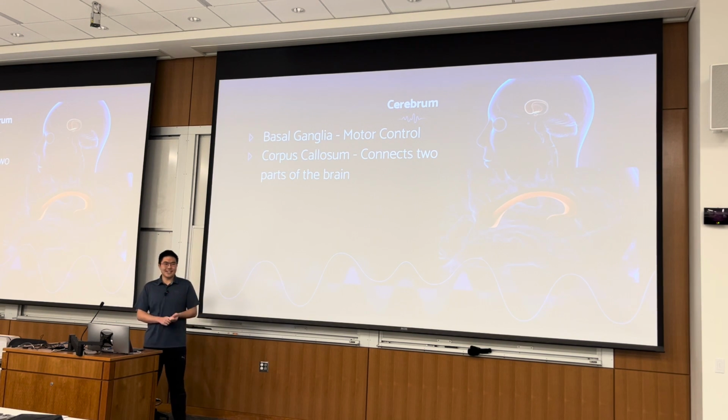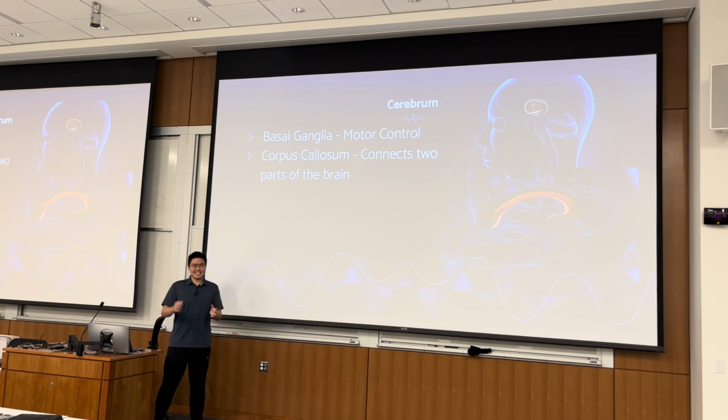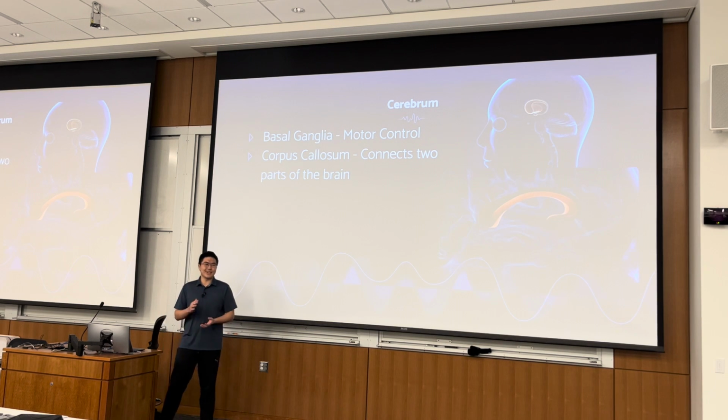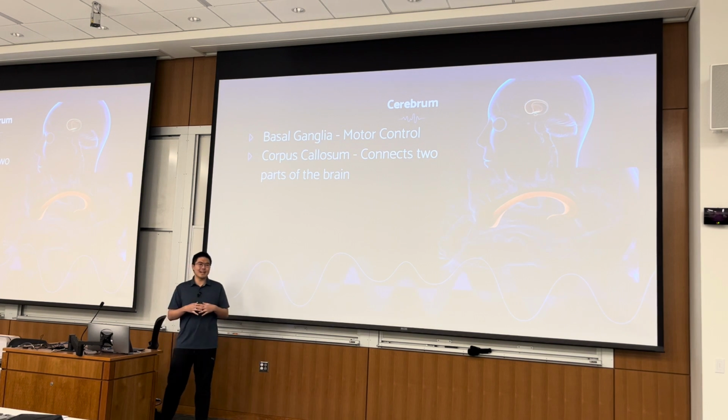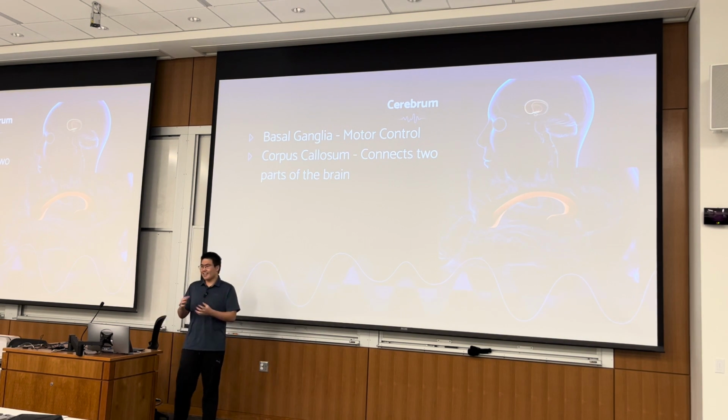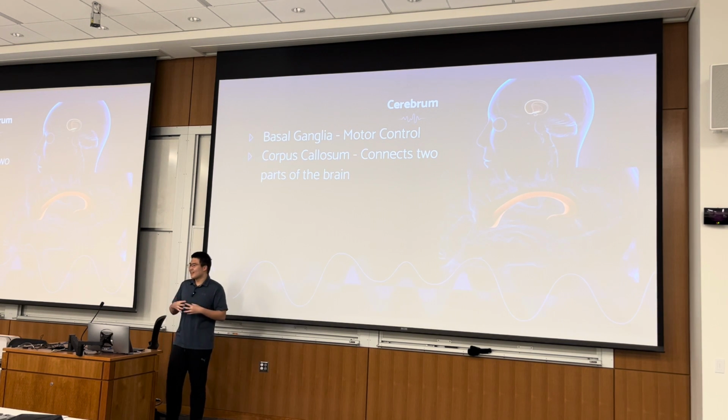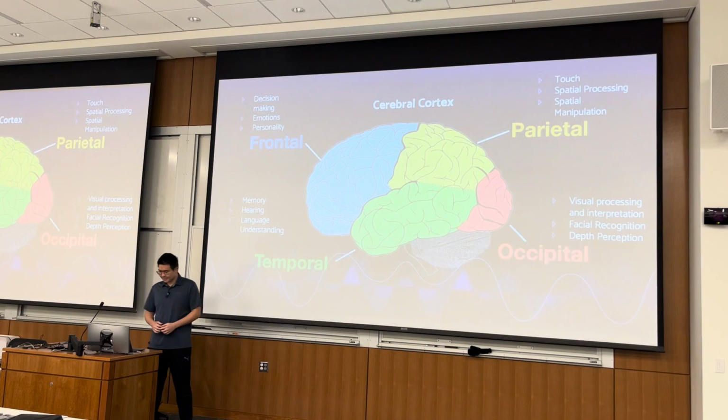The result is that you can move a single finger or a single muscle because it filters out your information such that you can have very fine-grained control over your body. We also have the corpus callosum, which connects two parts of the brain. I think all of you know your brain has two halves, right? This is the thing that connects both parts of your brain.